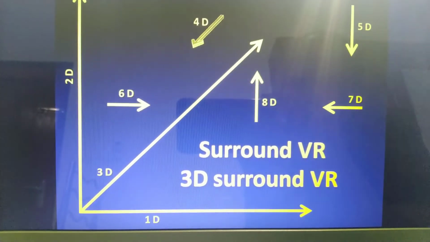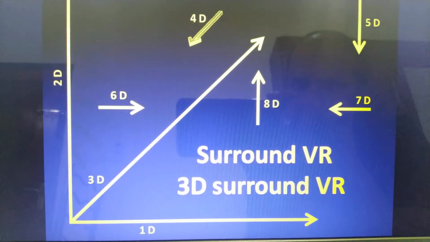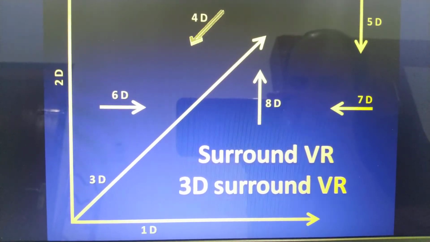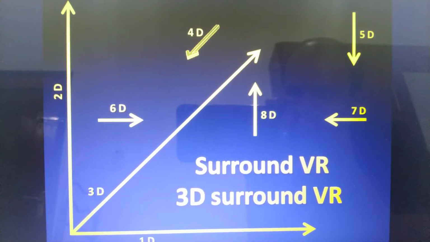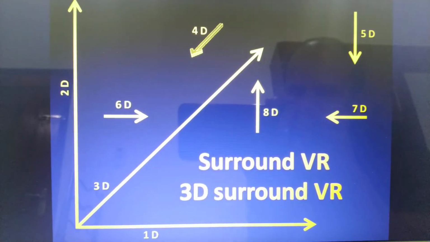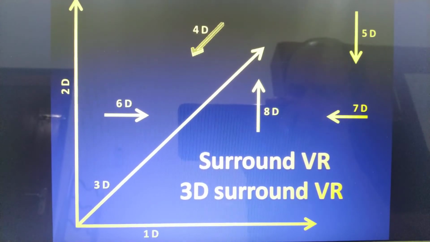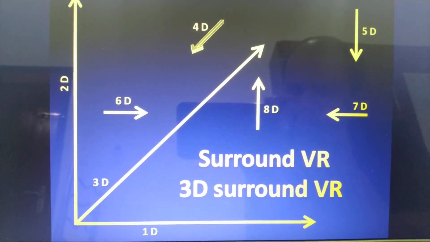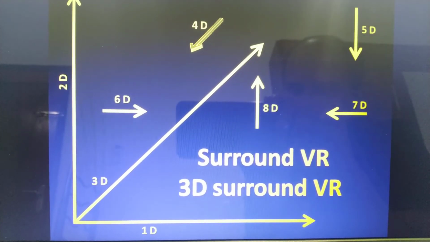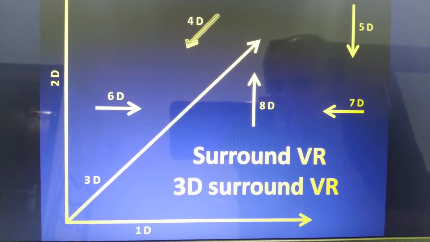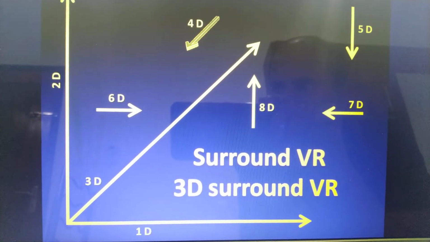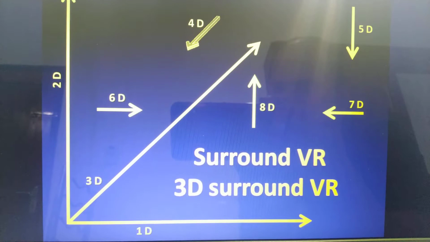The sixth and seventh dimensions come from both sides, and the eighth dimension from the bottom. Imagine a situation where you are in a battle scene and bullets fly all around you, from the front, from the back, from the sides, even from the top and from the bottom. It would be an unbelievable scene. So that is your surround virtual reality.